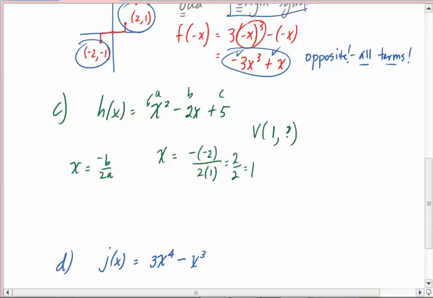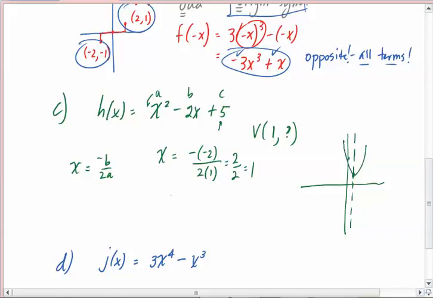I don't even need to get the rest of the vertex because I could actually draw a little picture of this. My vertex is over 1, and by the way, the y-intercept on this thing is 5. So this has an axis of symmetry. It has to go through this. So this is my vertex here. That's roughly a picture, something like that.